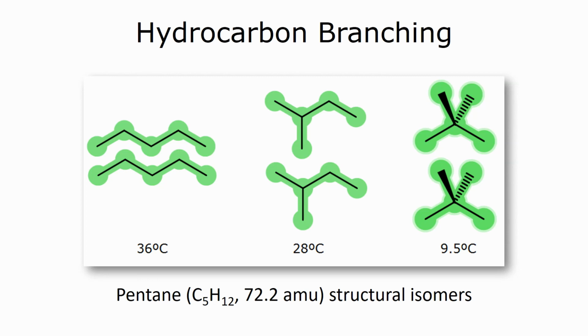Depending on how these hydrocarbons branch, we're going to get a lot more surface area, for instance, over here in pentane, rather than all the way over here, neopentane. If we have no branching, if we just have a straight chain, we're going to have a lot more surface area, a lot more attractive forces, and for example here, with n-pentane all the way on the left, we have a much higher boiling point.